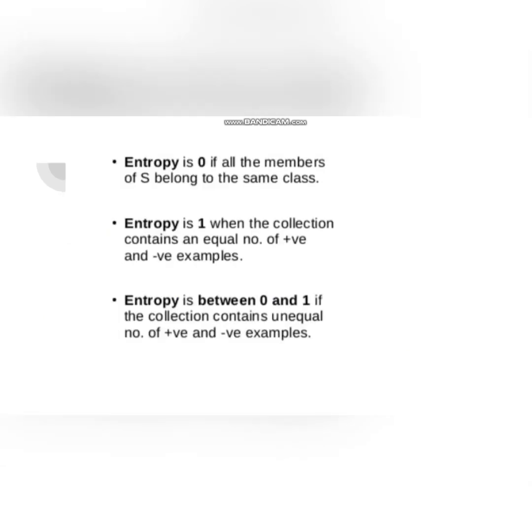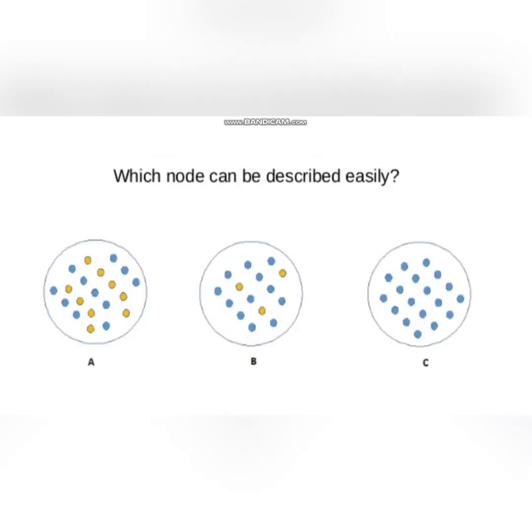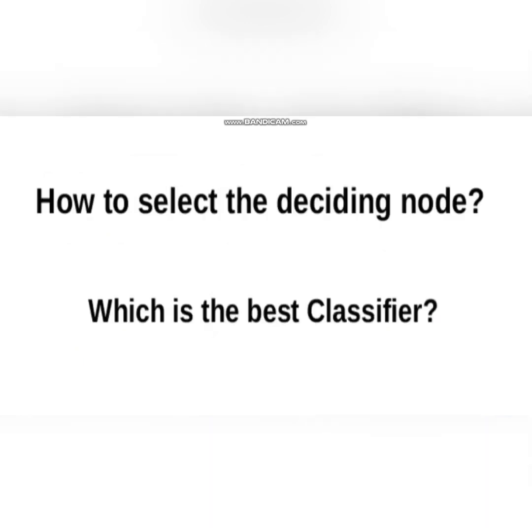Entropy is 1 when the collection contains an equal number of positive and negative examples. Here class A contains almost equal numbers of examples of blue and yellow. So entropy is 1.